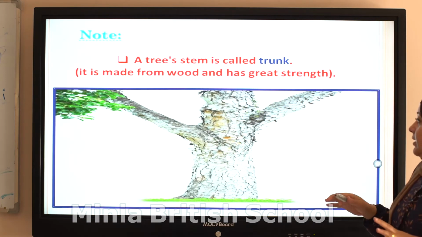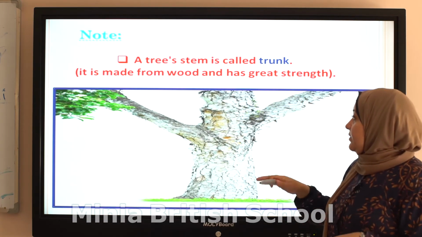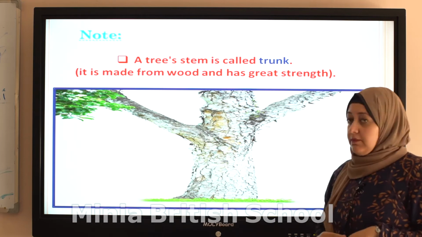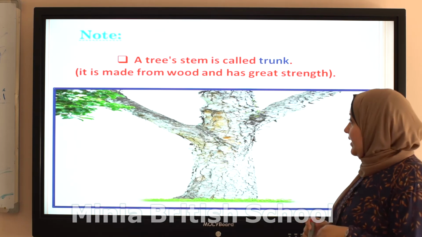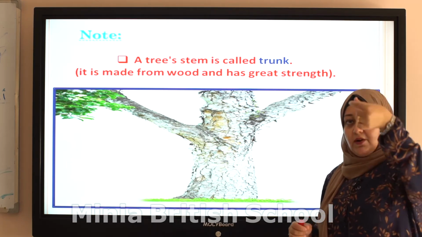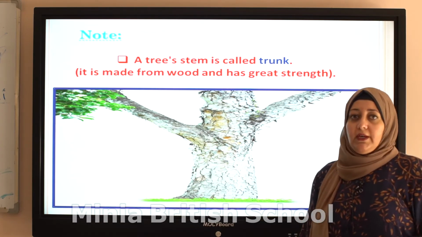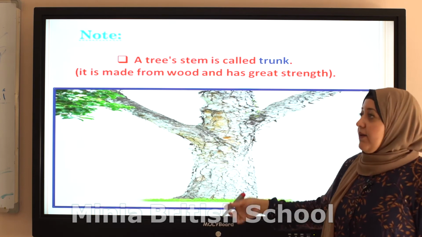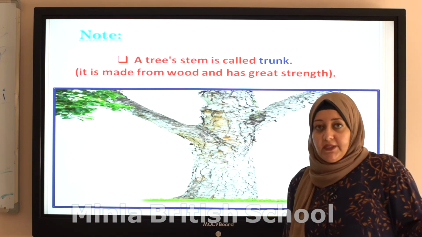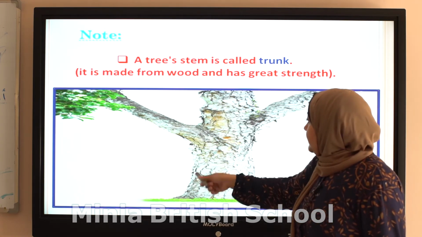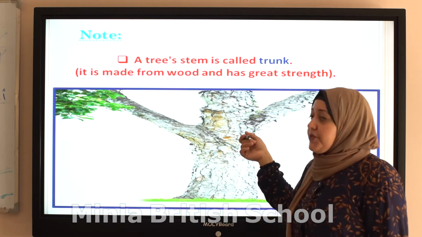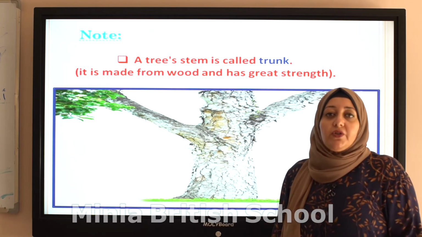Do all the plants or trees have the same stem? We know that we have stems which are thin, and this one is big. When we have a big tree, it has a big stem like that. This stem, we will call it a trunk.